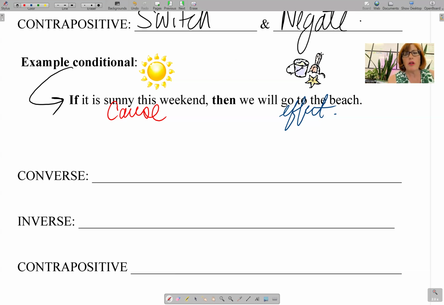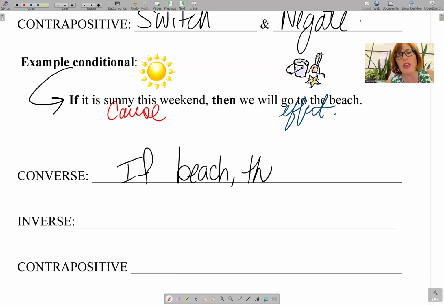So let's write this out. Converse would be, I'm going to shorten this up just a bit. I'm going to botch the grammar here, but I want to get to the very essentials. If we go to the beach, then it is sunny. Converse, switch.